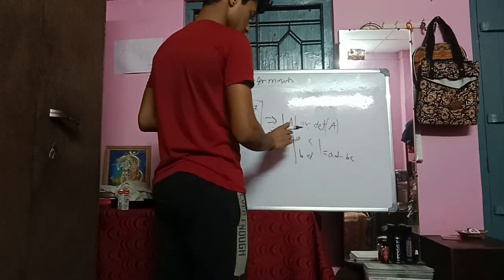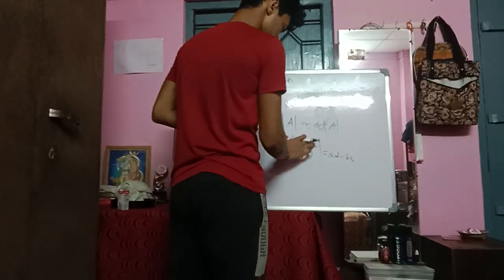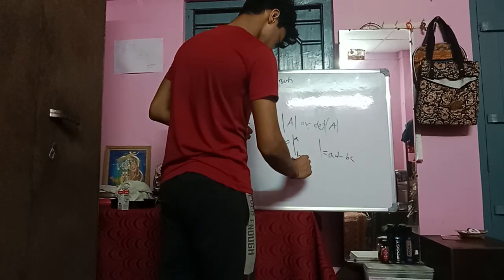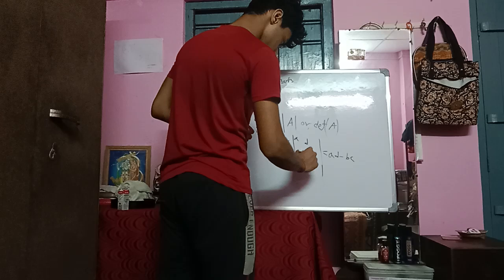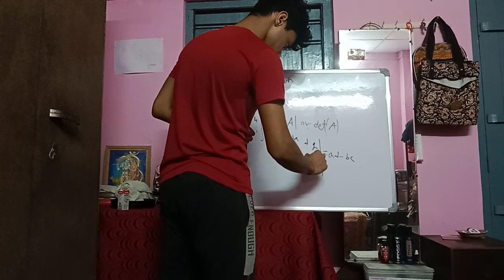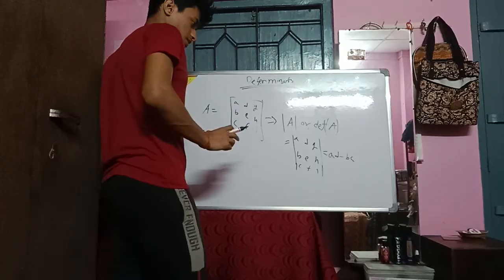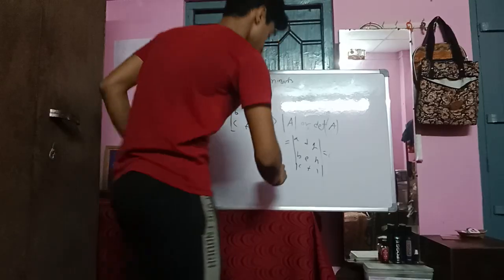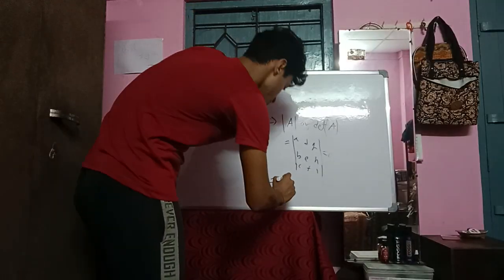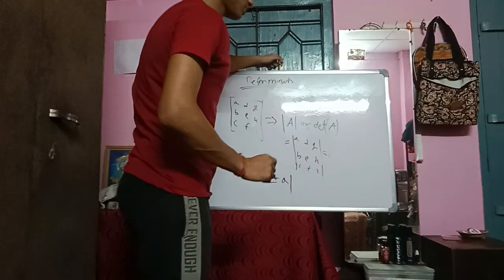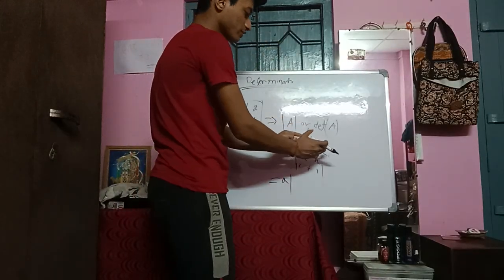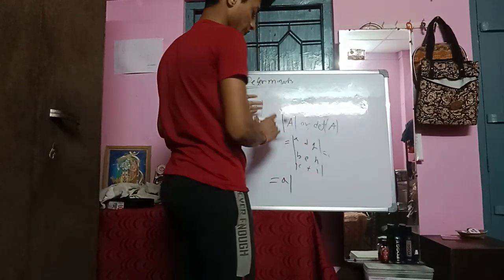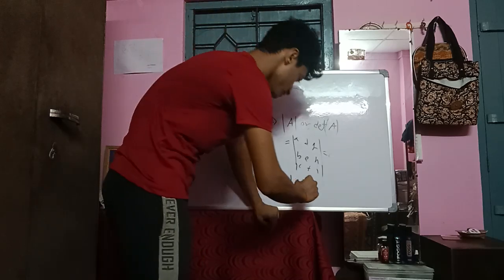The determinant of this matrix would again be written like this, with A, B, C, D, E, F, G, H, I. And in this case, the value of this determinant would be A times the value of the determinant with the elements that are not part of the row or the column that A is part of.